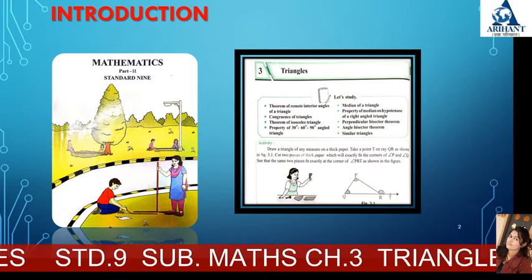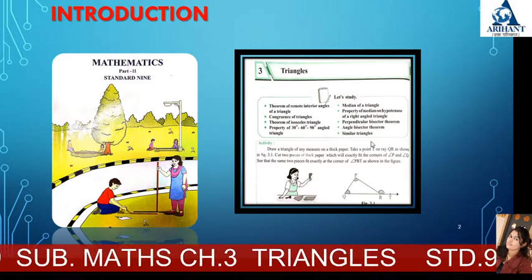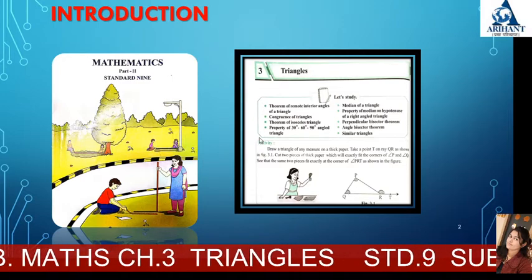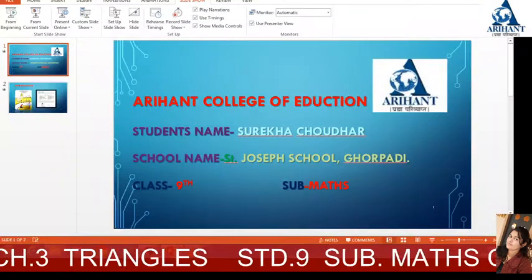Now today we will learn the perpendicular bisector theorem and the angle bisector theorem of similar triangles.